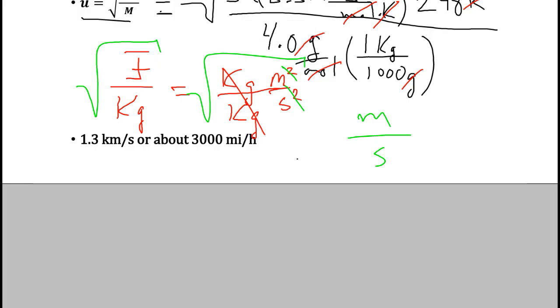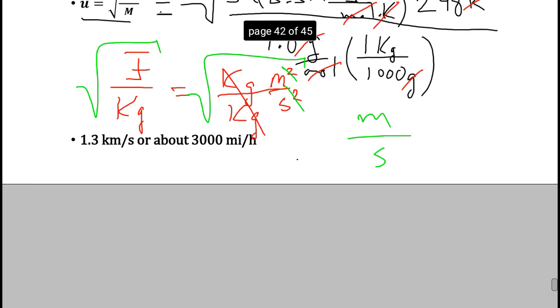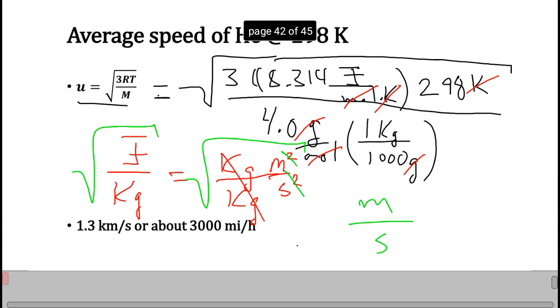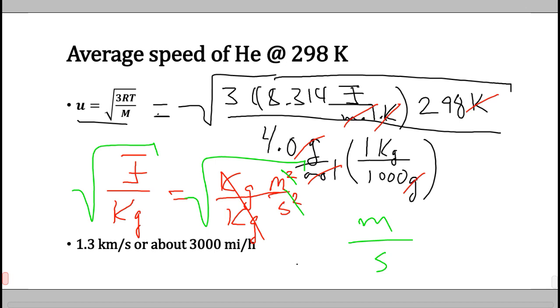Well, think about what we were exploring on this slide. We said that the root mean square speed is equal to the square root of 3RT over m, the molecular weight. So the denominator is the molecular weight.